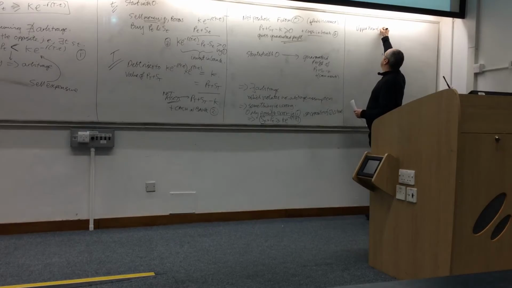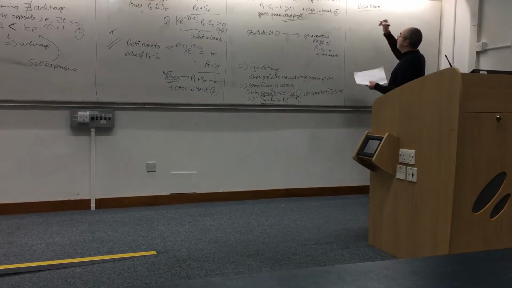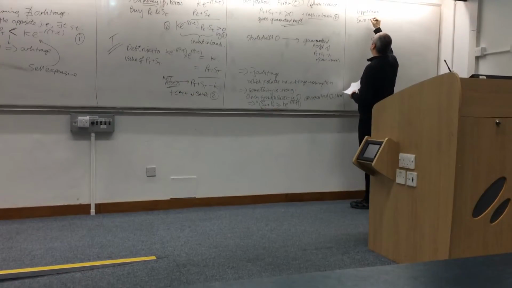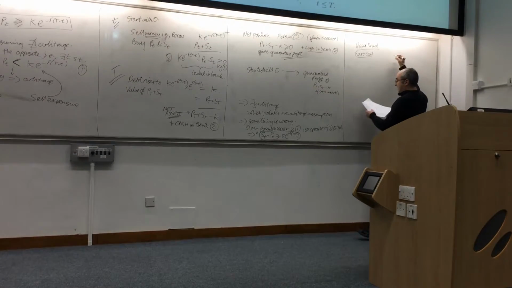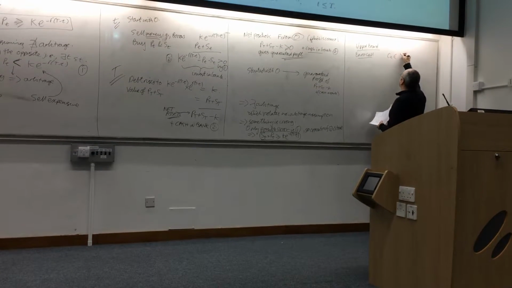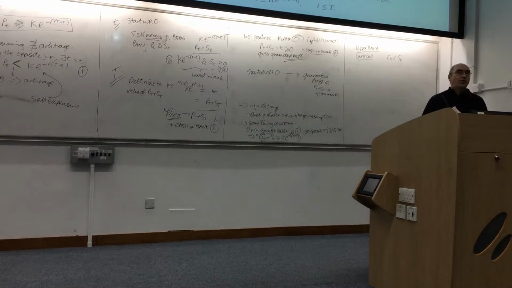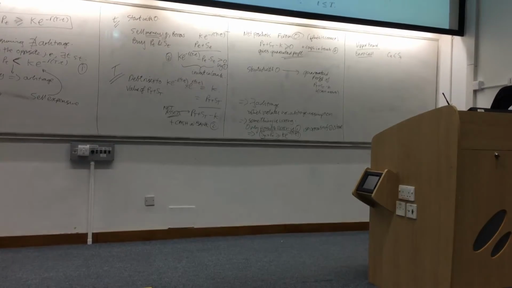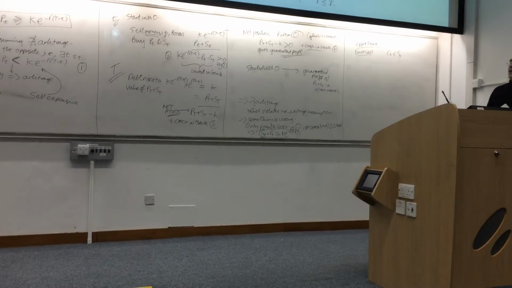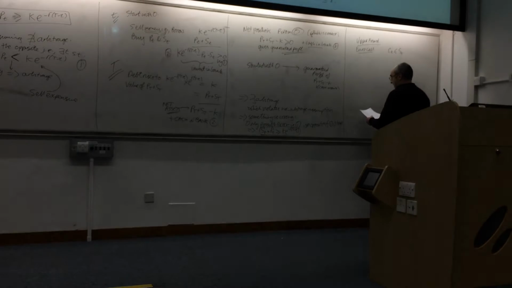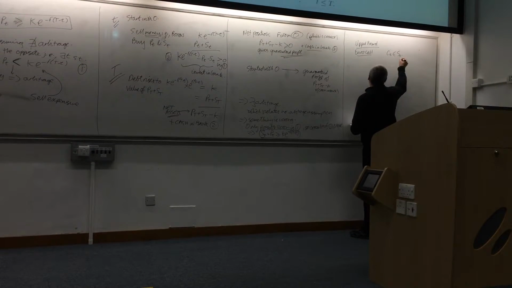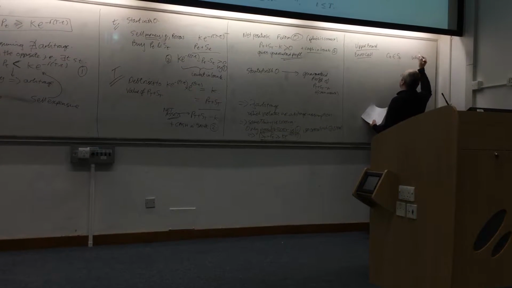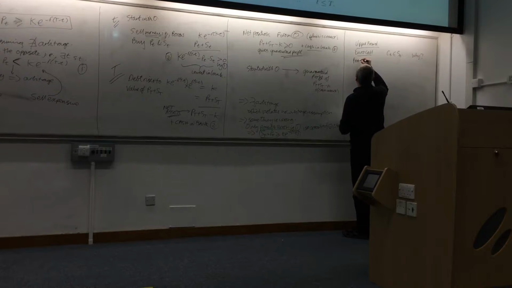Let's have a look at some upper bounds. So an upper bound on a euro call. Okay, the conjecture is that the euro call is always cheaper than the asset, or less than or equal to the value of the asset. Okay. Why? Well, again, it's proved by contradiction.